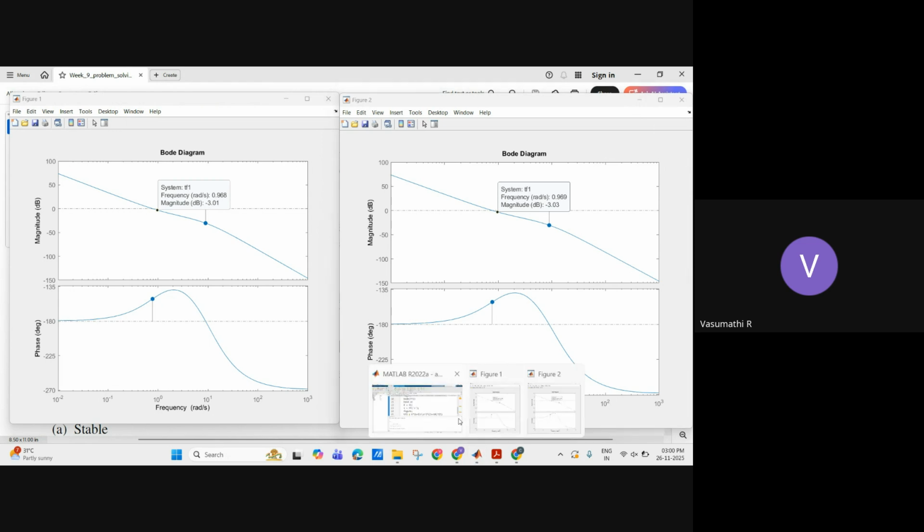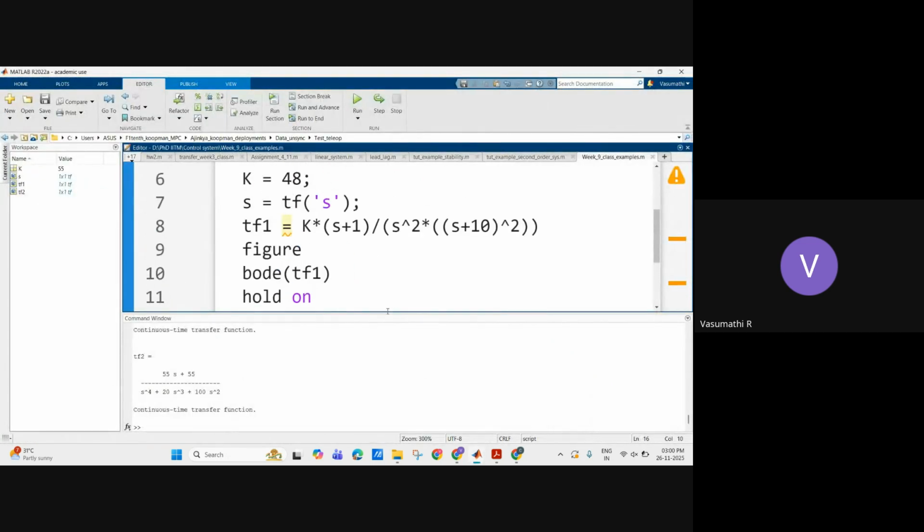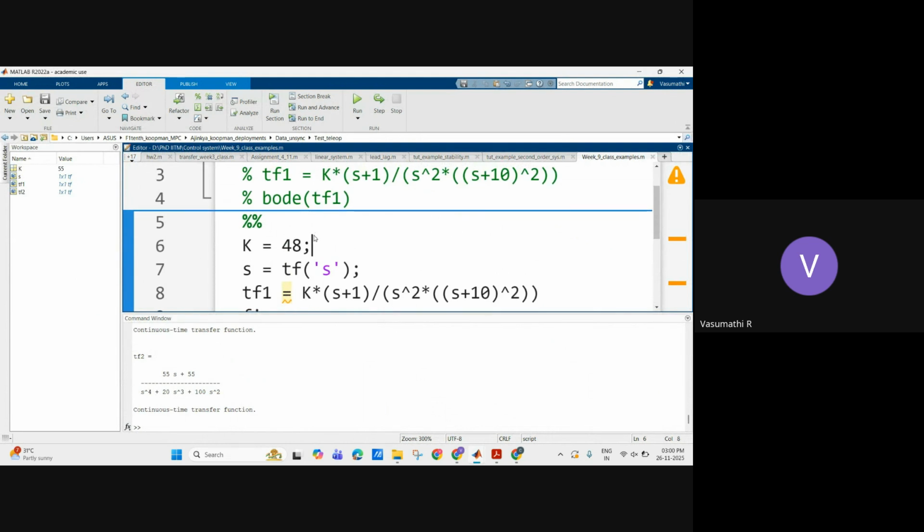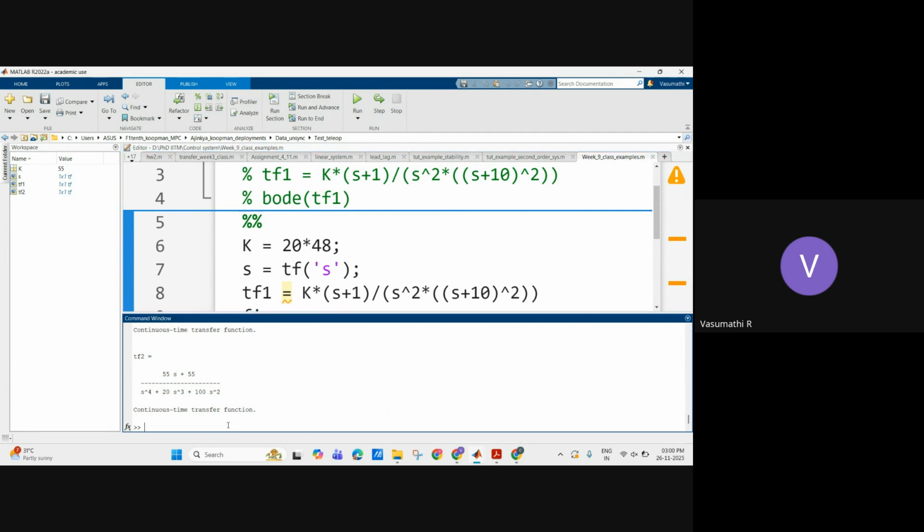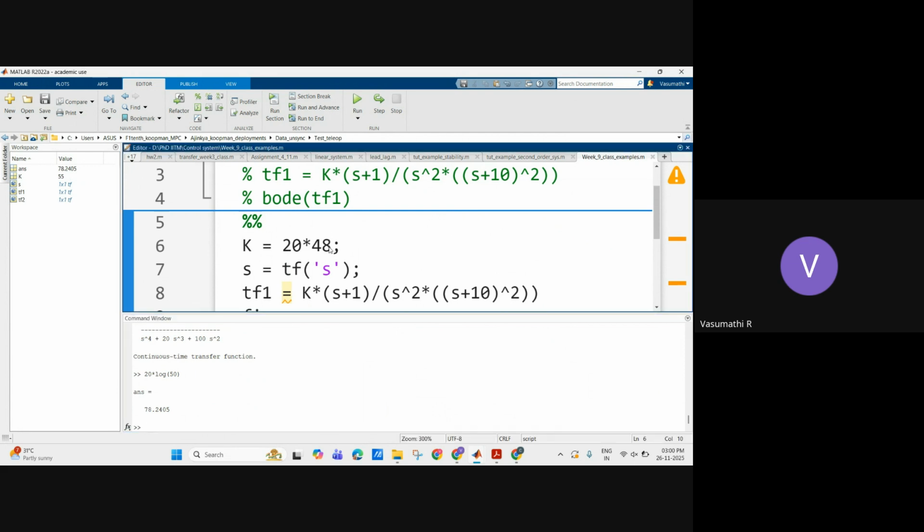Why we are not getting this is because we have put the k as it is. It's not in 20 log of. We haven't considered 20 log of. So it should be 20 into log of 48.